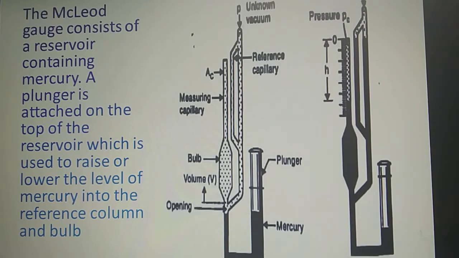So the McLeod gauge consists of the reservoir containing the mercury. Where is the plunger? The plunger is shown above the mercury reservoir. So the plunger is attached on the top of the reservoir, which is used to raise or lower the level of mercury into the reference column and the bulb. So basically the use of the plunger is either to raise or lower the level of the mercury in the mercury manometer tube, right?